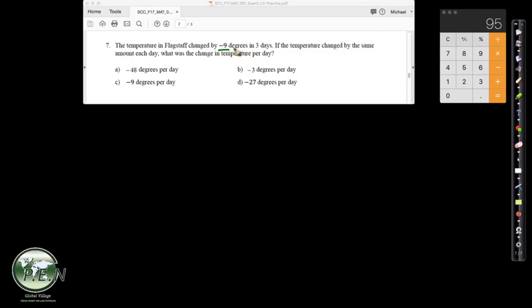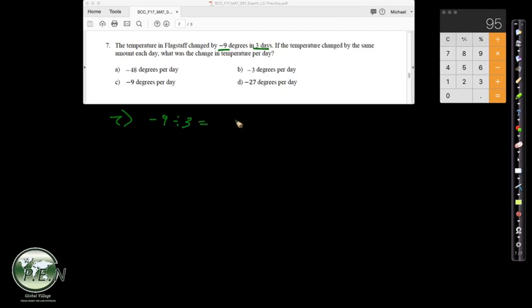That means it dropped 9 degrees in 3 days, meaning over 3 days. If it's changing by the same amount each day, what was the change in temperature per day? Well, again, we're sharing that change over the days. So for 7, we want to take -9 and divide it by 3.